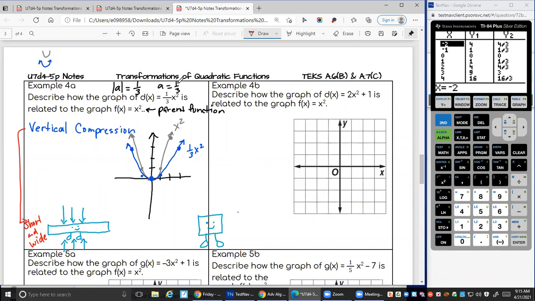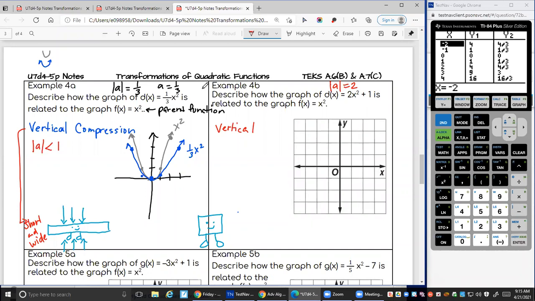So here we have 1/3. We know that, and then over here, we have 2 for A, right? So the absolute value of A here is going to be 2. Okay, so they threw in the 1. The general rule for vertical compression and vertical stretch, because that's the other one: vertical compression is if the absolute value of A is less than 1.